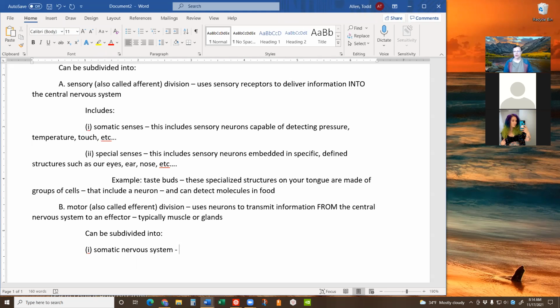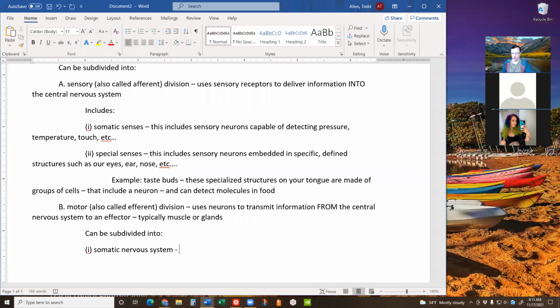But when we talk about a neuron at a neuromuscular junction releasing acetylcholine to trigger contraction of a skeletal muscle tissue, like the biceps brachii, then that's part of the somatic nervous system's role to control those contractions of skeletal muscles. All right, so the somatic nervous system conveys information from the central nervous system, the CNS, to skeletal muscles.